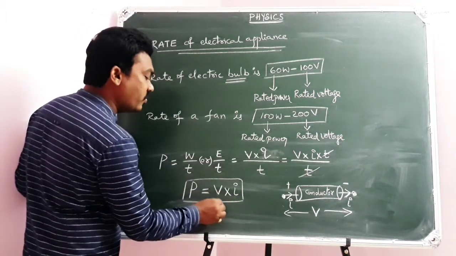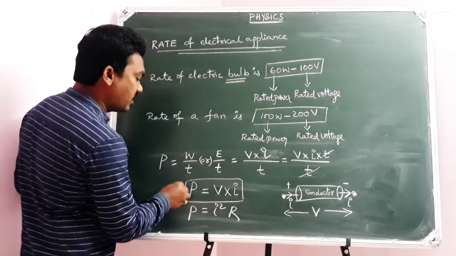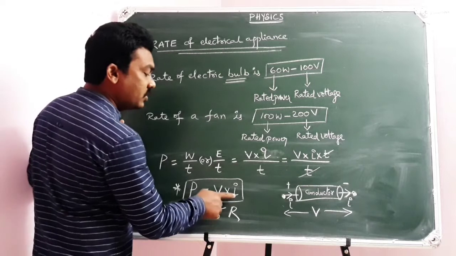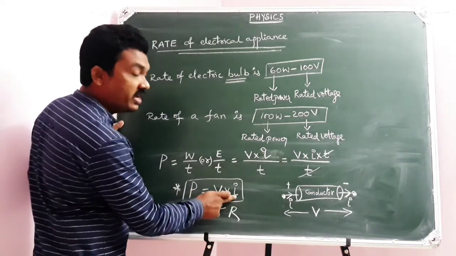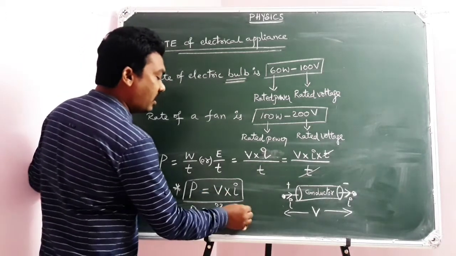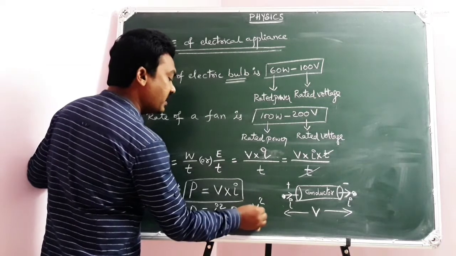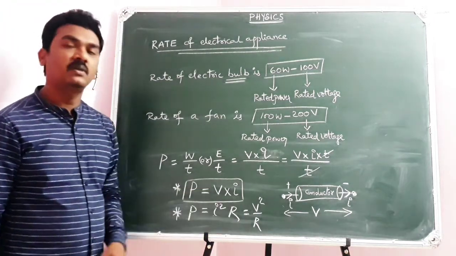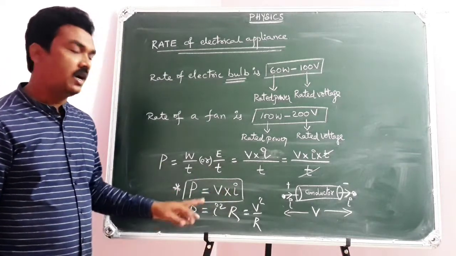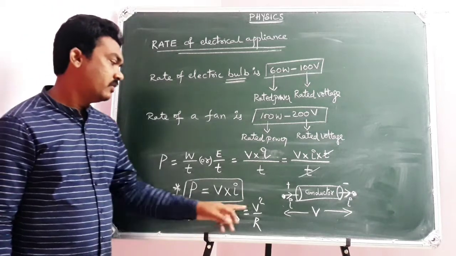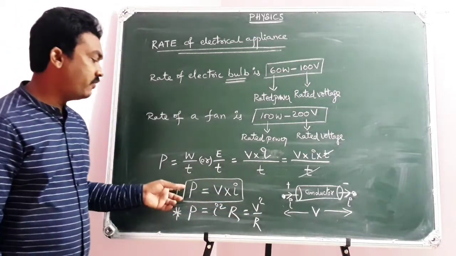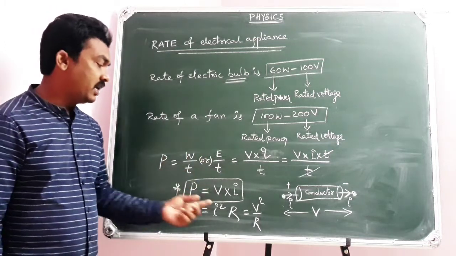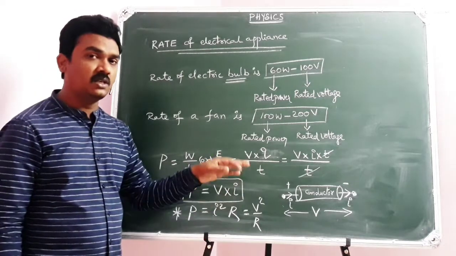IR into I will give I square R. So this is another formula for electric power, P equal to I square R. And the next thing is, you can replace I with V by R. I equal to V by R, Ohm's law, so that power also can be written as V square by R. So we have three different equations for power: P is equal to V into I, or I square R, or V square by R. These are all the different formulas for calculating the electric power, where V is the potential difference across the appliance, I is the current passing through that appliance, and R is the resistance of that appliance.